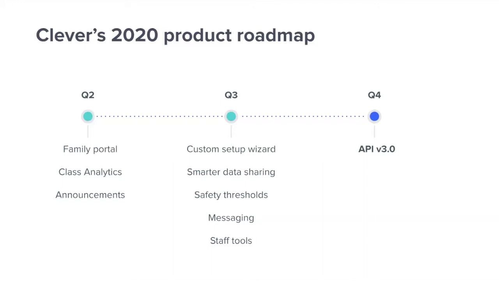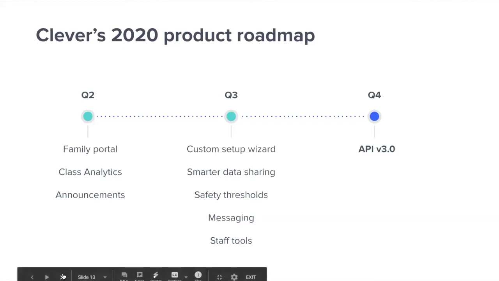We're looking forward to delivering the next generation of a new flexible data model for all of our partners. This is our biggest release since API version 2, which came out in 2017. And we're excited about how this new data model will transform customer experiences for everyone involved, both application partners as well as districts. I'm now going to hand it over to Emily to share more details on the new features in API version 3.